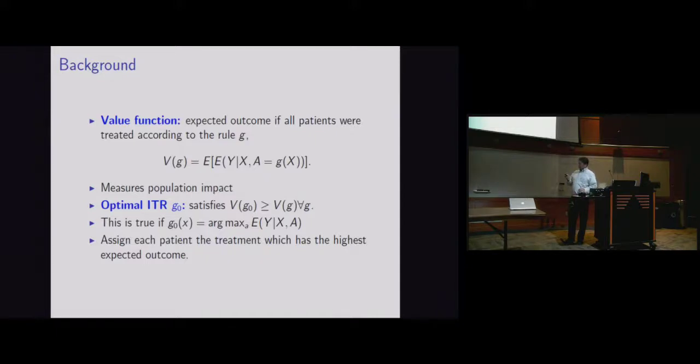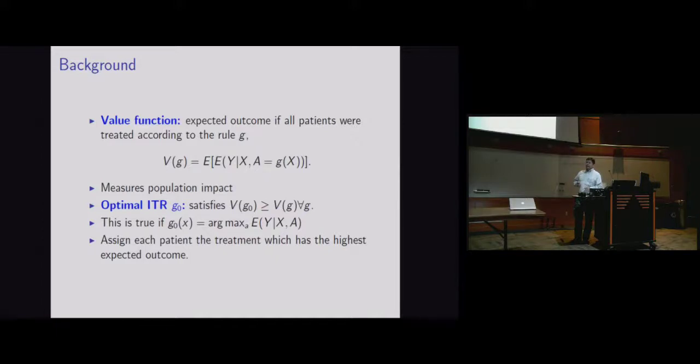It's an expected value with respect to the covariate distribution X of the conditional expected value of Y given X and treatment A being assigned according to this mapping. Okay? So it basically says if you assign treatment according to this mapping, this is what your expected outcome would be across the population defined by X. So it is measuring a population impact of a particular rule or strategy applied to the population.